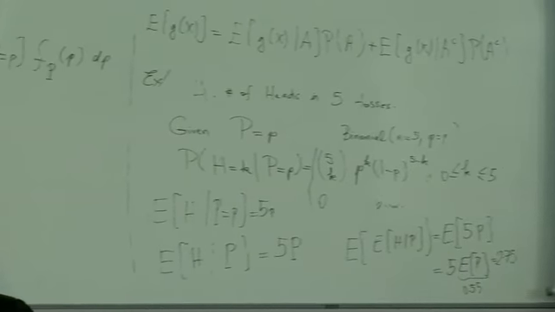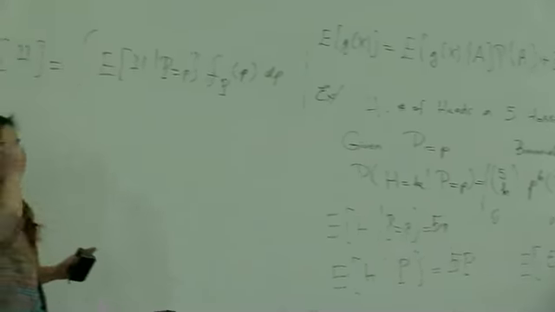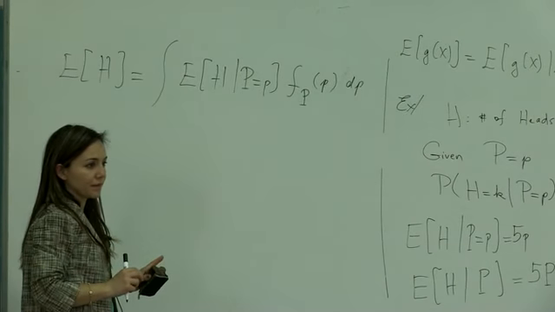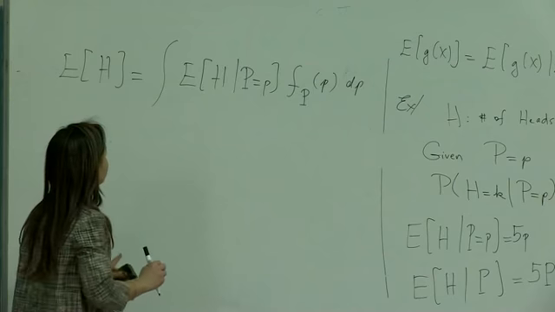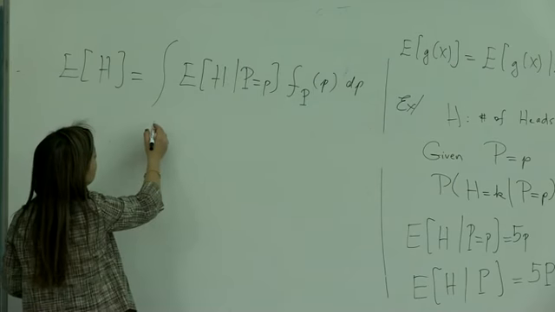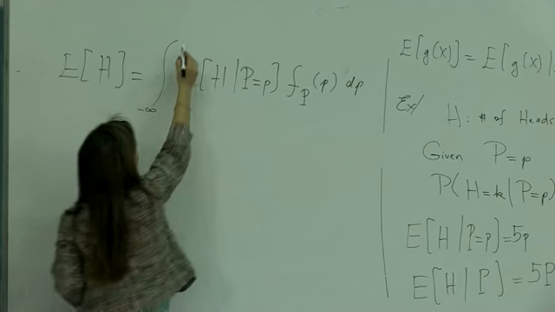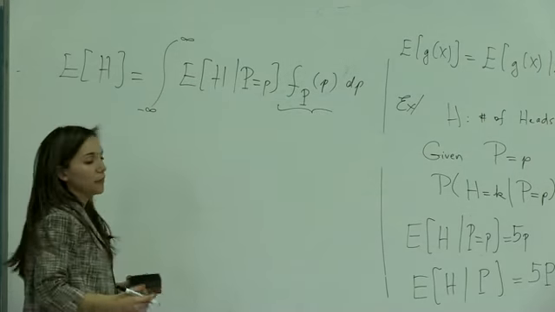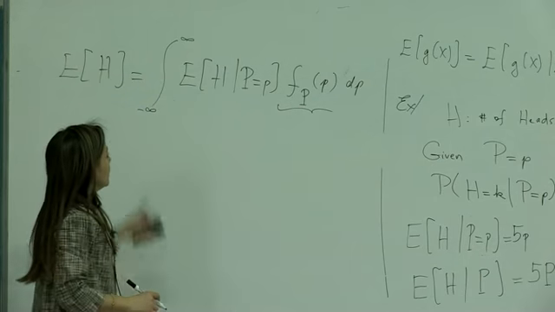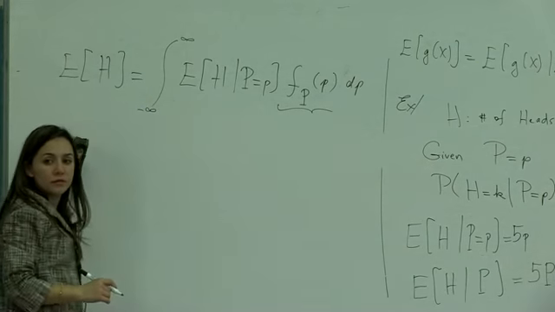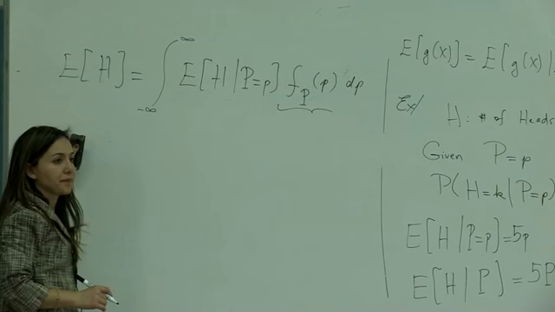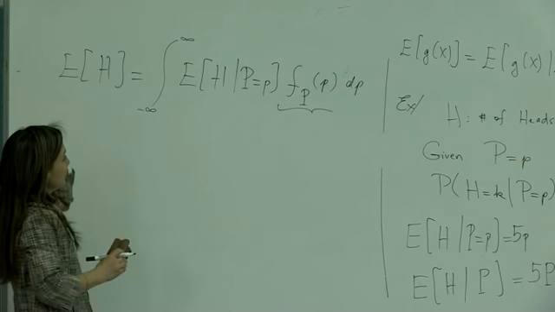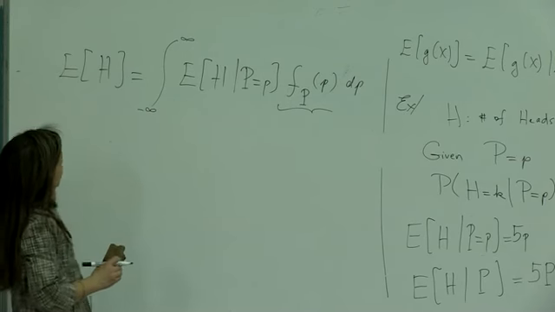What am I using here? I'm using the total expectation theorem. We can take p from negative infinity to infinity because we haven't placed the actual function f_P of p yet. Is this expression clear? Let me know if you have a question about this. It is nothing but the total expectation theorem.